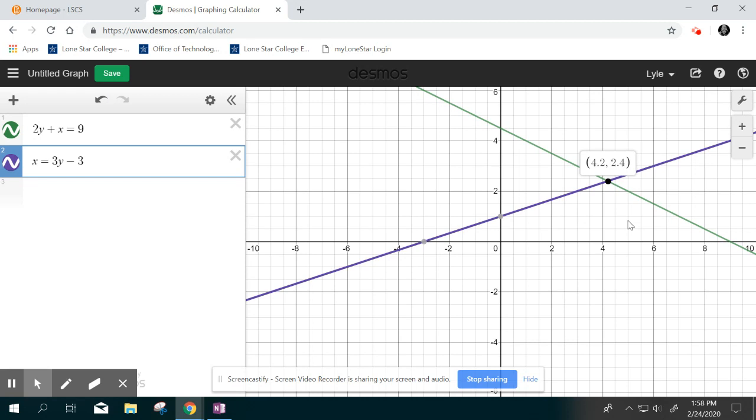So the intersection? 4.2, 2.4, which shows me that if I was going to try to solve that graphically, I would probably not be able to get the right answer because I can't graph that accurately. Y'all understand what I'm saying? So solving by graphing is limited in its ability. If you just said, well, it's about 4.2, that's not good enough.